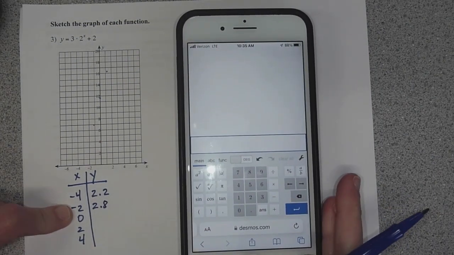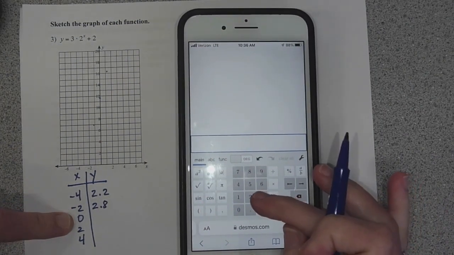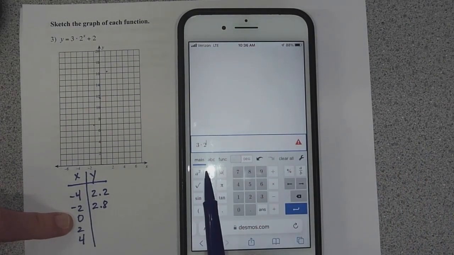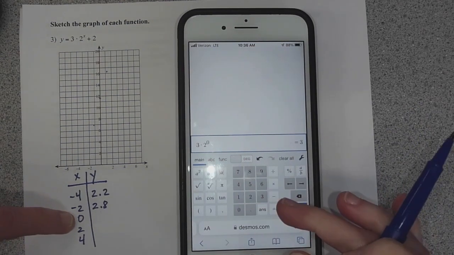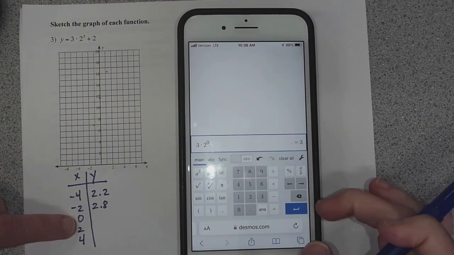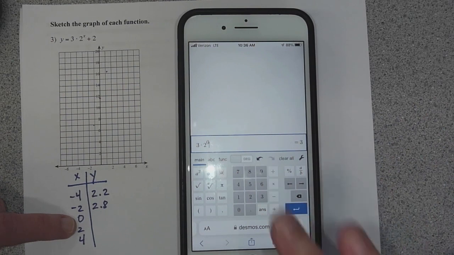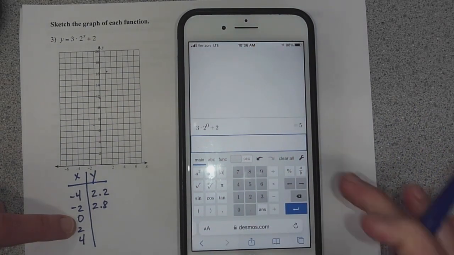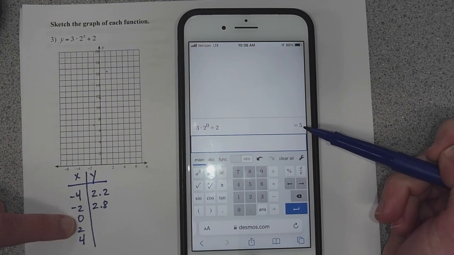Would look a little different on your computer, but not very different. 3 times 2 to the power of. For the power of, you're going to use this A to the B button, okay? So to the power of 0, because that's our next x value that we want. And I'm going to bring it down, +2. Equals 5.